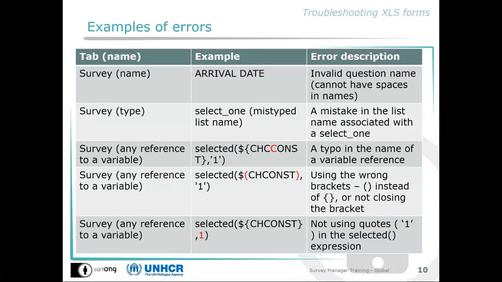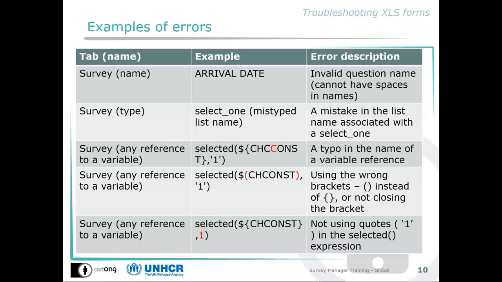So arrival date just wouldn't pass through like this, because it contains a space. Very typical is a list name being mistyped. I mentioned that before for the select one list. It's also very typical that you introduce a typo while copying over or quickly typing it in, and so it just can't find the reference.